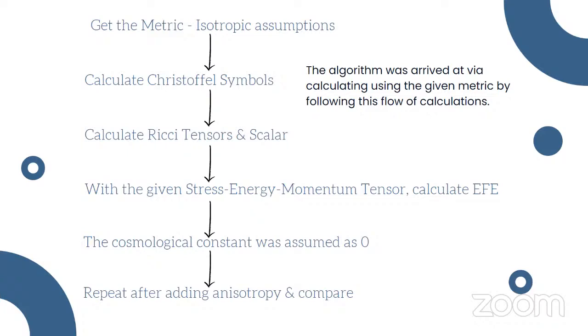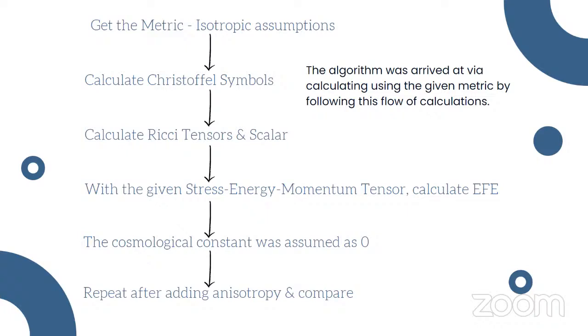Please remember that our aim was to generate an algorithm to model anisotropic neutron stars, but we begin with isotropic assumptions and we calculate Christoffel symbols, Ricci tensor and Ricci scalar. Like Debadyuti had previously mentioned, we have the various formulas that I will be showing in the project report after this presentation.